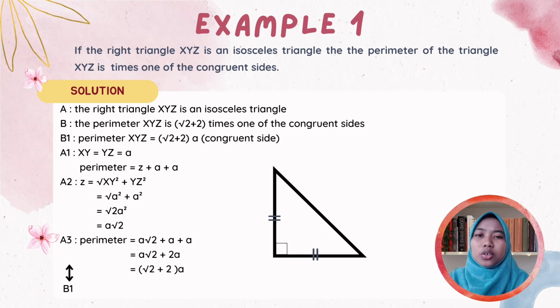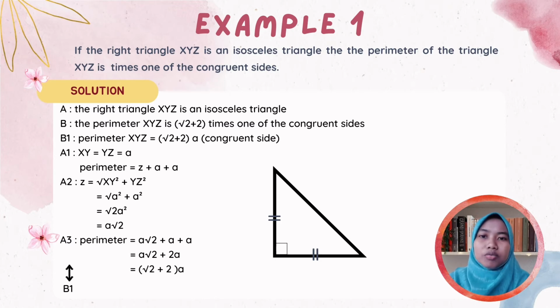Firstly, we must know A and B. A is the right triangle XYZ is an isosceles triangle. Then, B is the perimeter of the triangle XYZ is square root of 2 plus 2 times one of the congruent sides. B1, perimeter XYZ equal to square root of 2 plus 2 times a. a is the congruent side.